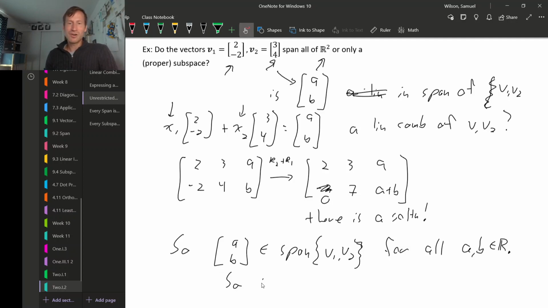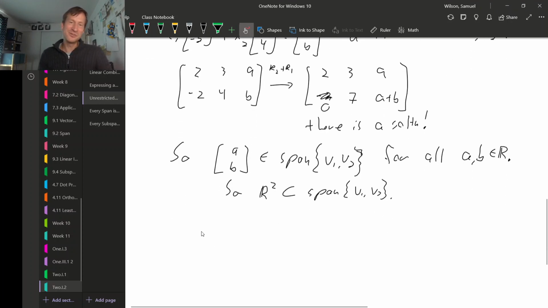So R2 is contained in the span of v1 and v2.